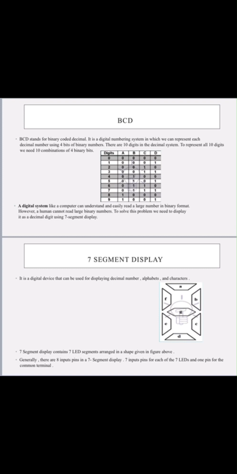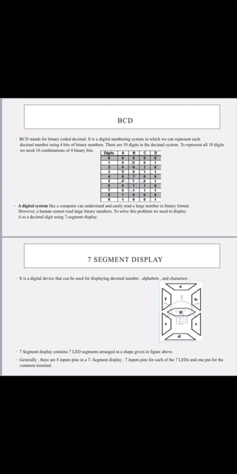A 7 segment display is a digital device that can be used to display decimal numbers, alphabets and characters. A 7 segment display contains 7 LED segments arranged in the shape given in the figure above.